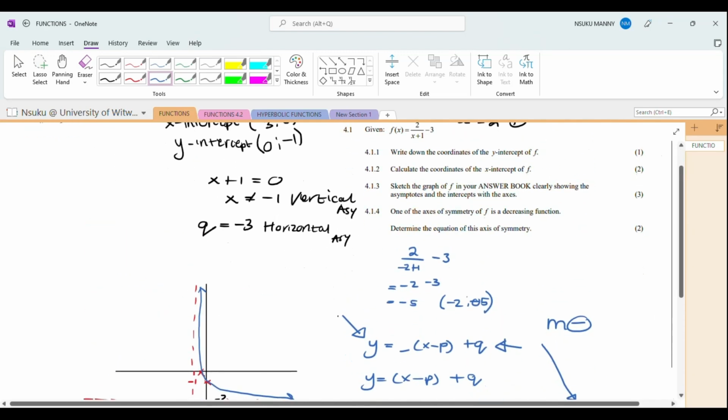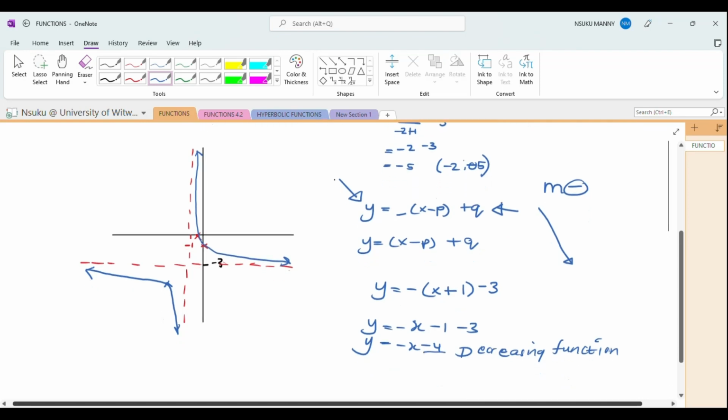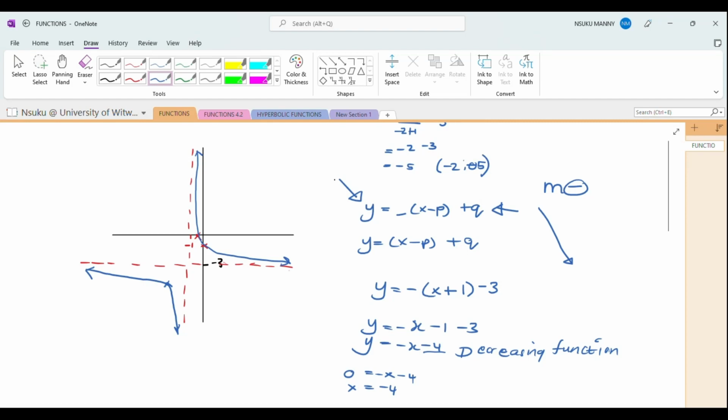So they didn't say anything about sketching that function, but if you were to sketch it, to find your y-intercept, you'd make x equal to 0, and your y-intercept would be negative 4. For your x-intercept, y will be 0, so negative x minus 4 equals 0. Obviously, we're going to take the x to the other side, so x is equal to negative 4. So where x is negative 4, it will be some point here, and where y is negative 4 would be some point here.